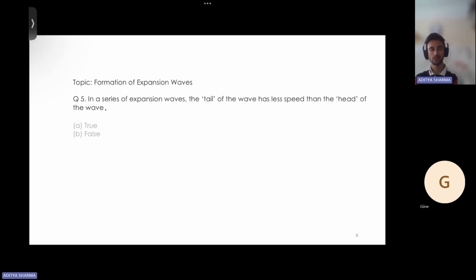So in this question, one must know what is the head and what is the tail of an expansion wave. Only then you'll be able to answer this question. If you don't know, then there are 50-50 chances, because either side would have to be one of these two terms, right?